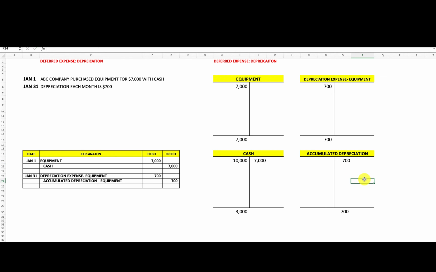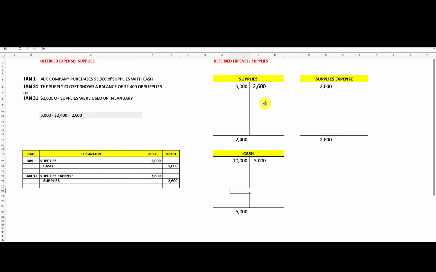Okay, so notice here's what's happening. We're using up this equipment. Okay, and equipment used up becomes an expense, but there is no equipment expense. And notice we don't actually change this account. Let's go and take a look at supplies, right? In supplies, what happened?